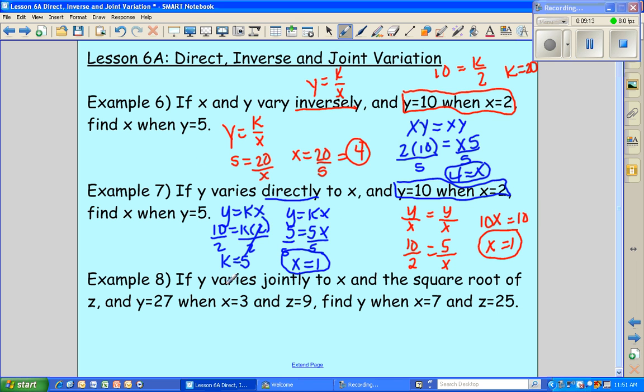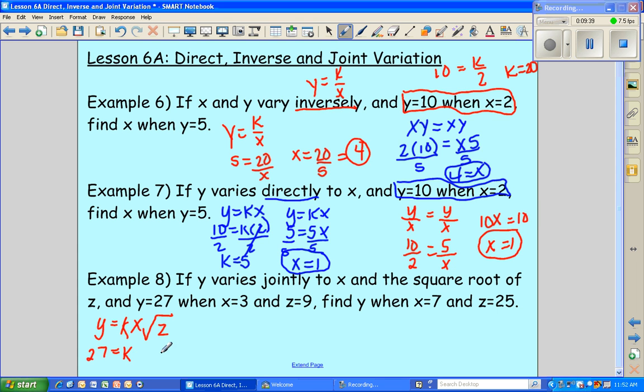All right, let's look at our last example. If y varies jointly to x and the square root of z. So the way we would set this up is y varies, drop your constant in there, and it's with x and the square root of z. So this is the formula I would use. I need to figure out what my k is, so I'm going to plug 27 in for y.